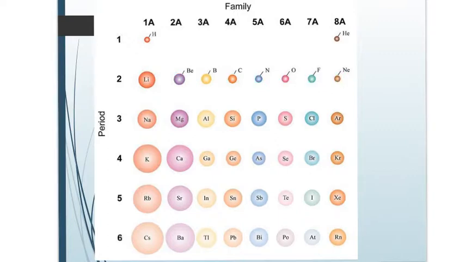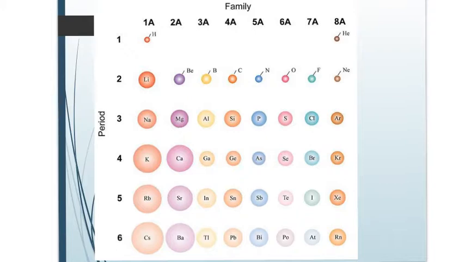So each of these atoms has one more proton and one more electron than the one before. Lithium has 3 protons and 3 electrons. Beryllium has 4 electrons and 4 protons. Neon has 10.